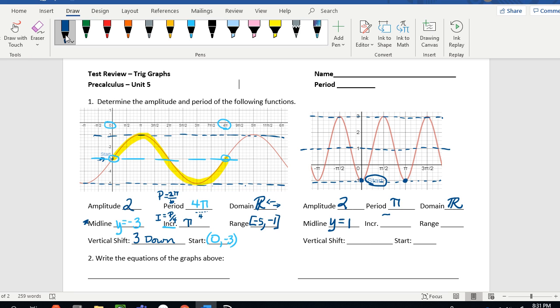The increment is going to be pi divided by 4, which is just pi over 4. And the range is going to be from -1 until it gets to 3. And those are brackets because it includes those values. Vertical shift is down 1. And it's going to start at 0, in this case 0, -1.